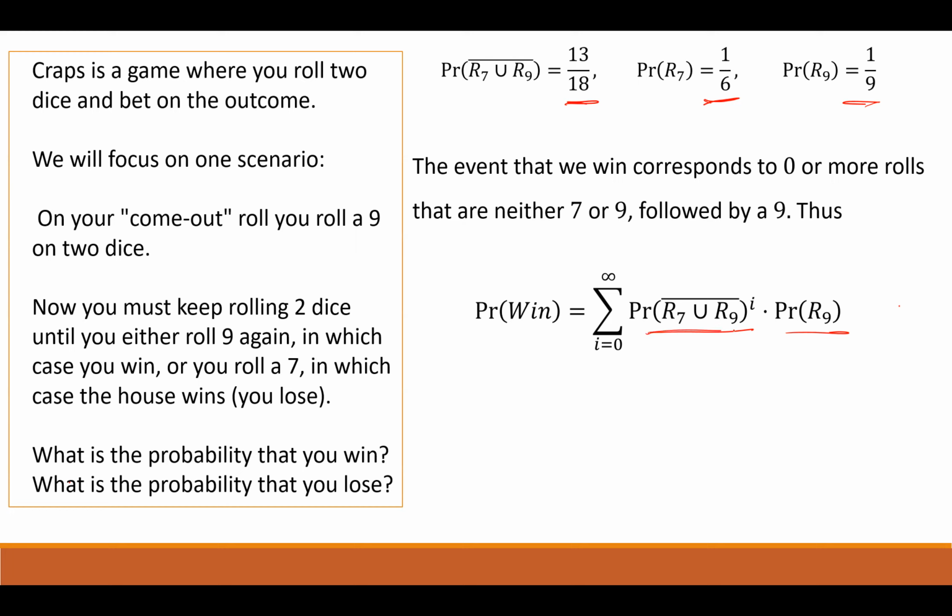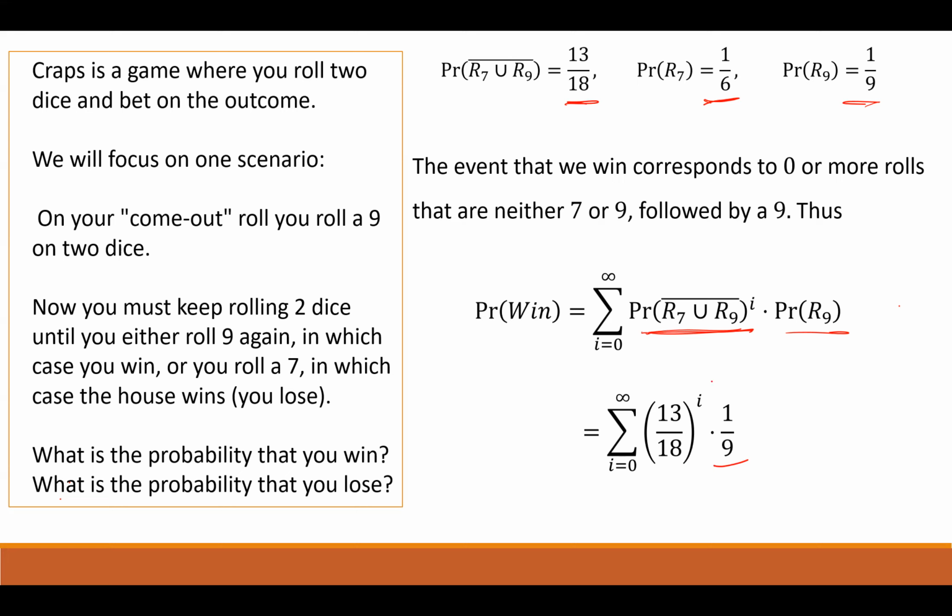I know all of these individual probabilities. I know that each die roll is independent, so I can express this as the product of all of these individual probabilities. They have probability 13 over 18, and I do that i times, and then I roll a 9 with probability 1 over 9.